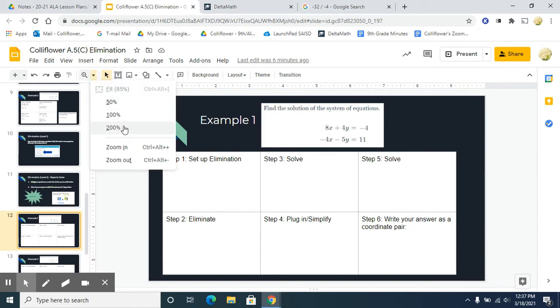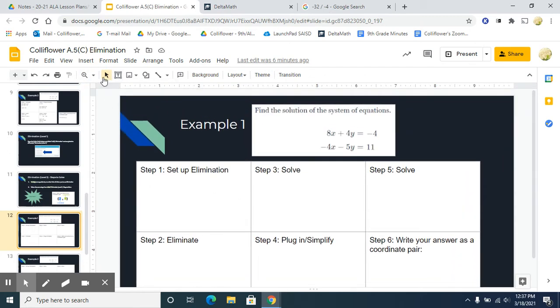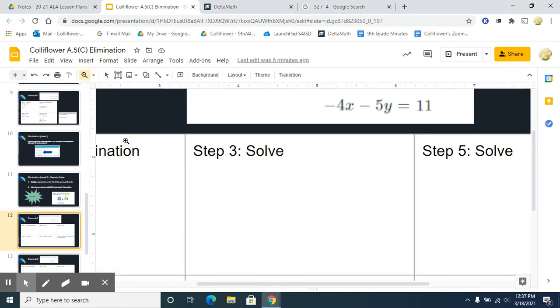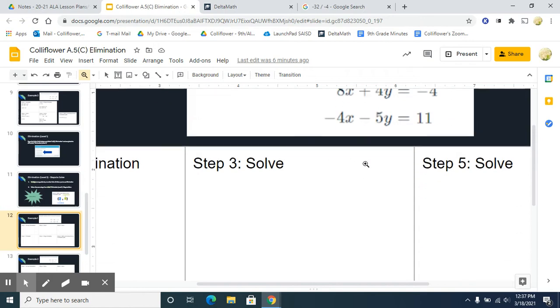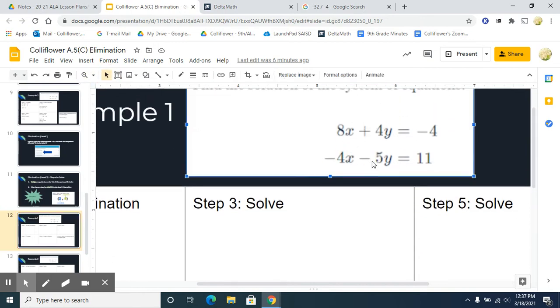So I want to set up elimination, and right now I couldn't just add these together. So what I'm going to do is multiply all of this second equation by 2.